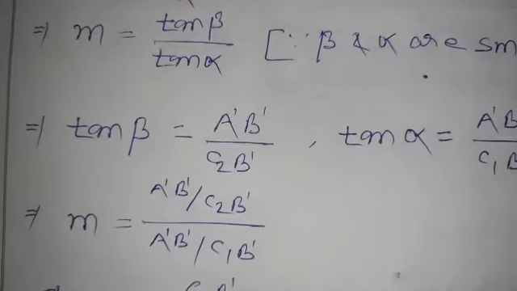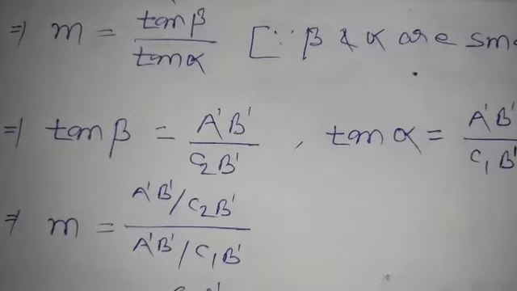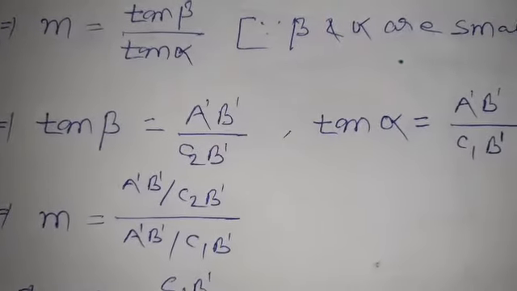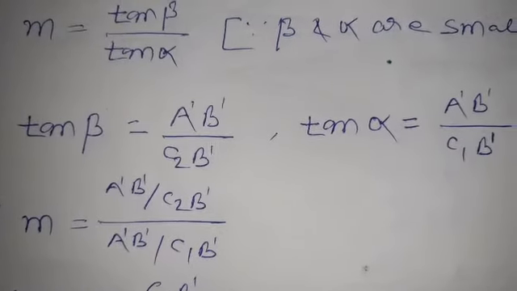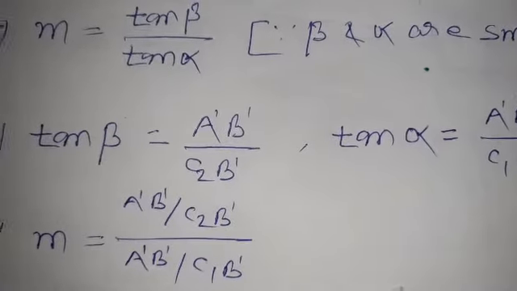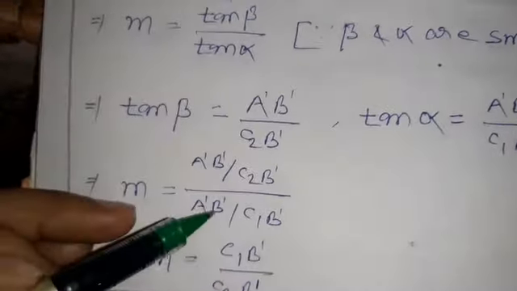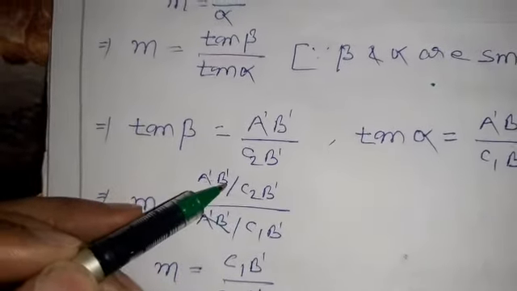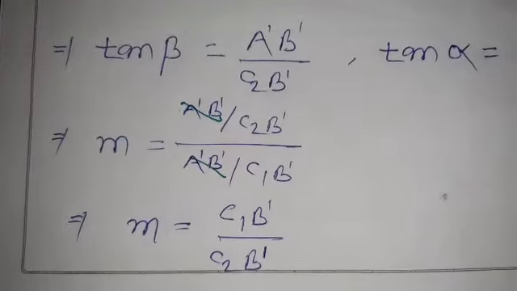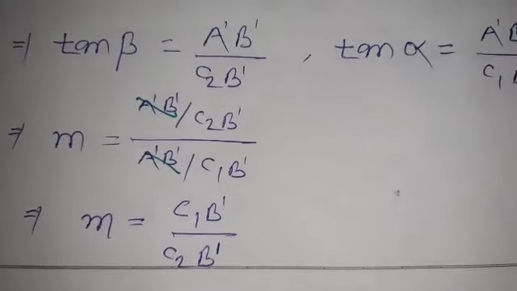Now putting the values in the formula of angular magnification, m equals (a dash b dash upon c2 b dash) upon (a dash b dash upon c1 b dash). This a dash b dash and a dash b dash cancel each other. So we have m equals c1 b dash divided by c2 b dash.